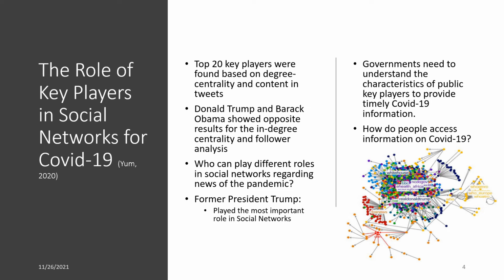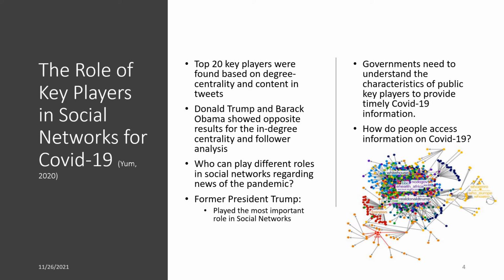You can see Donald Trump in the most centralized location on the graph, with the international offices of the World Health Organization in its own cluster to the right, and to the left cluster are United States news channels. This study aimed to explore the quote-unquote key players for online social networks of COVID-19 using social network analysis. For the study, the highest amount of centrality showed the strongest impact on the social network.